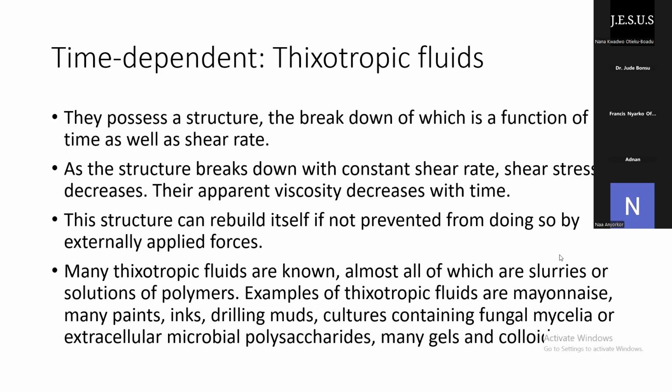When you press mayonnaise from the bottle, it starts flowing, right? But the moment you stop pressing it or applying the shear stress, as time goes on, the viscosity tends to go back to its original state. So that's the thixotropic fluid. When you stop applying the shear stress, the fluid starts becoming viscous again.